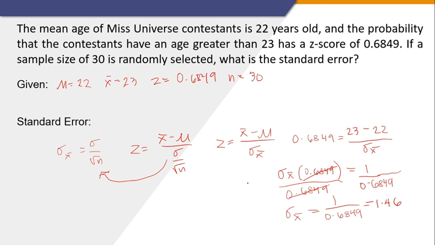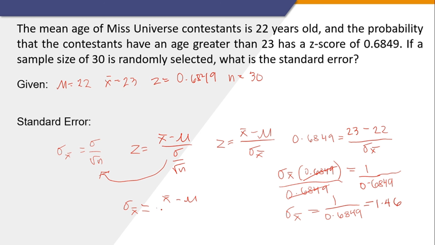So, instead of substituting from this z formula up to this one, we can therefore conclude na yung formula ng standard error is this one, which is equal to yung sample mean minus yung population mean, since yung 1 is nakuha natin by subtracting the sample mean and the population mean.